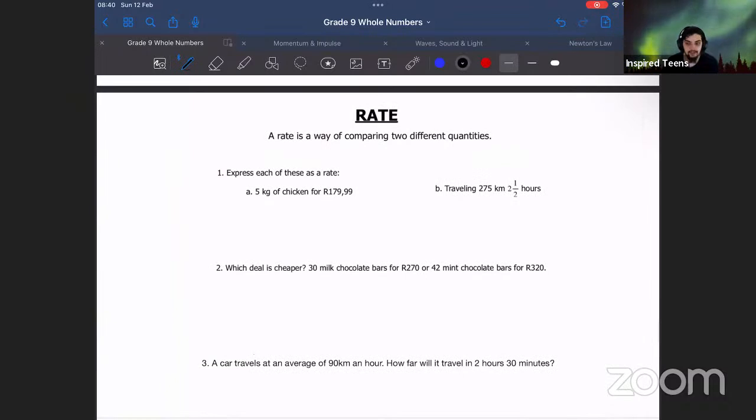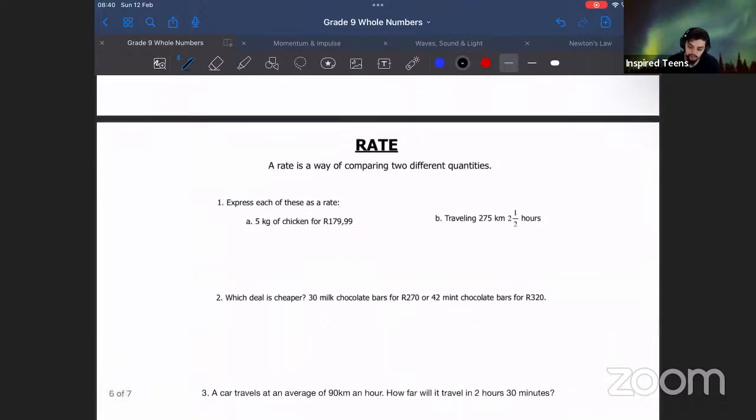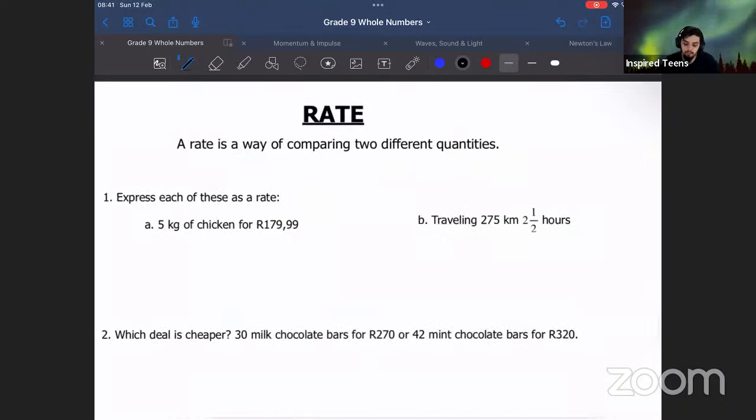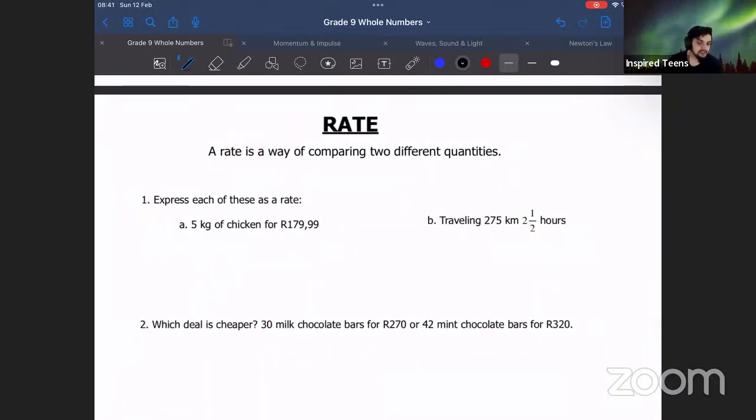Let's look at something like rate. Rate is a bit more, there's not so much method to rate. Nevertheless, let's go through it. Rate is a way of comparing two different quantities. A simple example of rate is the speed of a car.